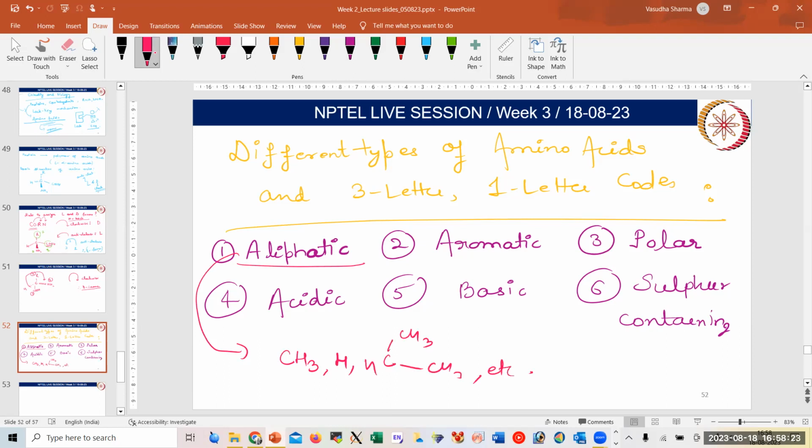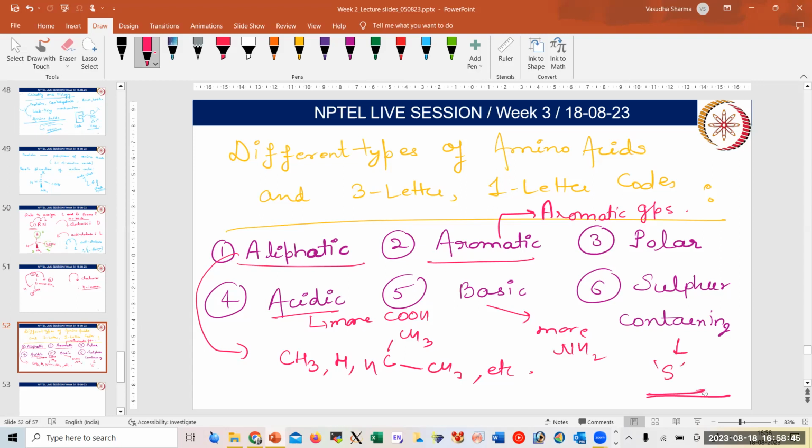If aromatic, that would mostly have aromatic groups, phenyl, indole, etc. Acidic would have more COOH, basic would have more NH2 in that. Sulfur containing would definitely have a sulfur moiety inside. Polar means they are creating polarity of the molecule. So their names have been given based on the kind of R group being attached.